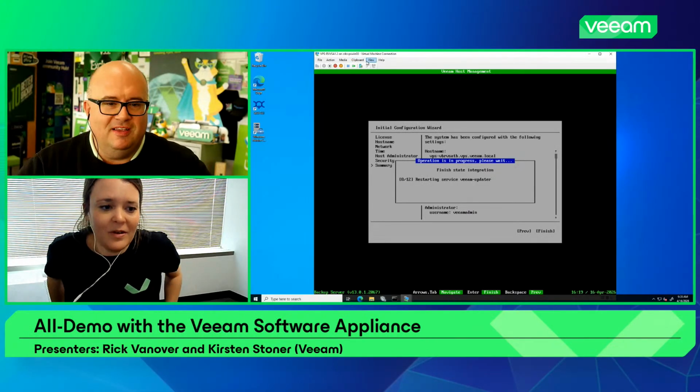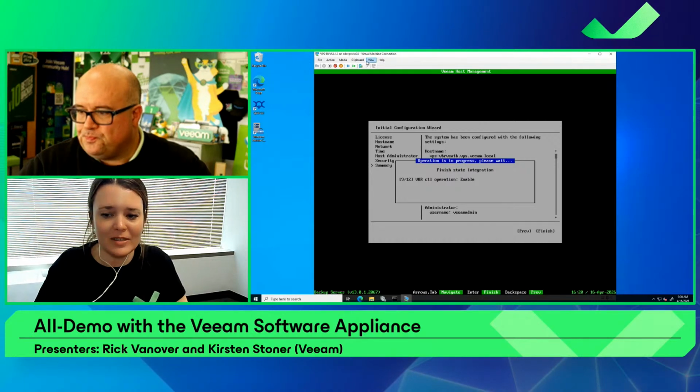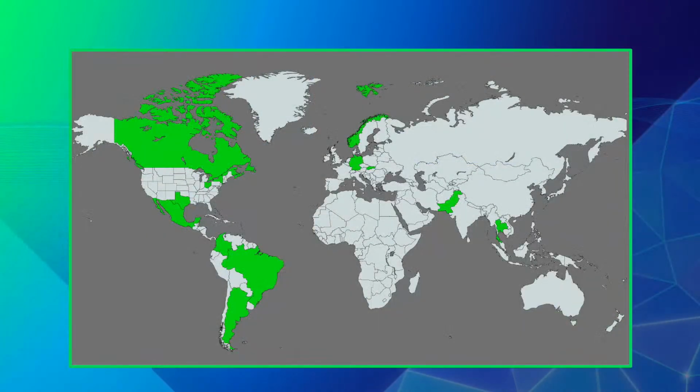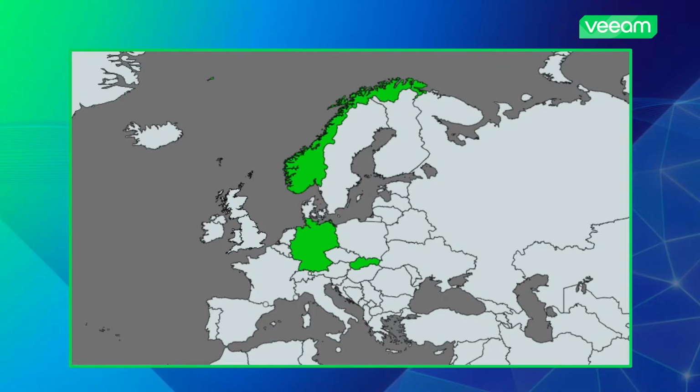Kirsten, do we have anything? Yeah, we do have the map ready if we want to go ahead and do a second map hit real quick because we have people from all over joining in. So in North America and Central America, we have Mexico. Thanks for attending. If we switch over to Europe, we have Norway. I hope you guys are having some nice weather over there.